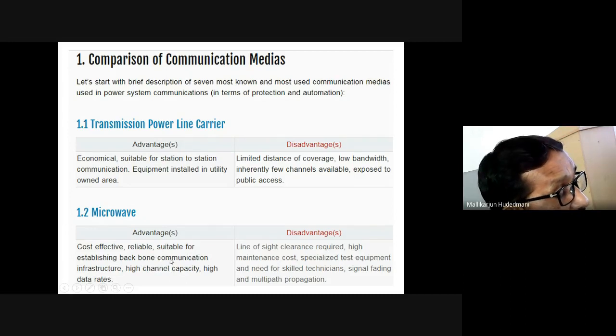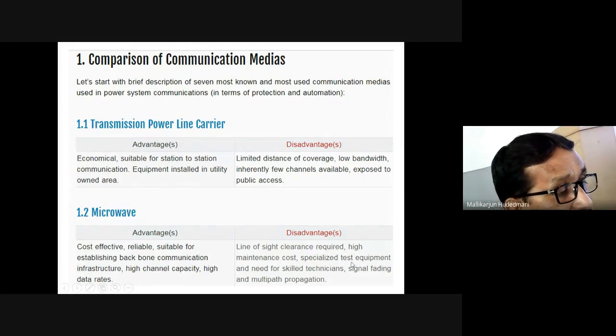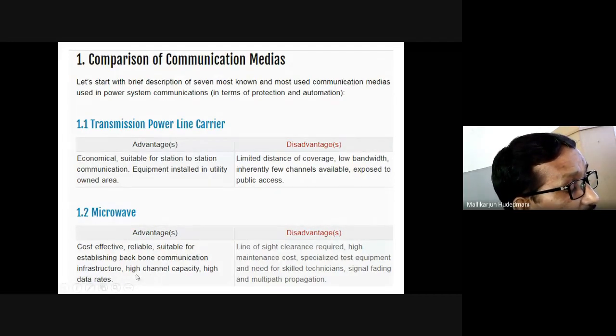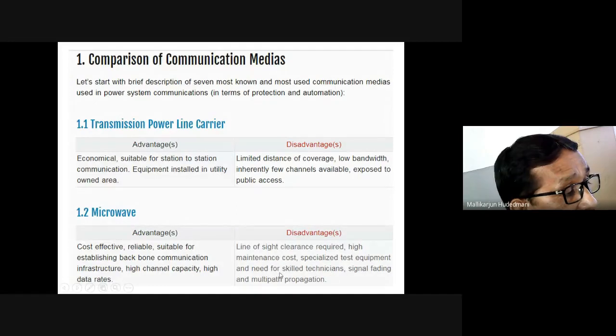All those things are used in the communication mechanism and require high maintenance cost. Specialized test equipment is needed and skilled technicians are required. As it is said, microwave needs a microwave bench communication mechanism, coupler, connector, signal conditioner. All those additional things need to be properly maintained, and operation is not by a simple ordinary person.